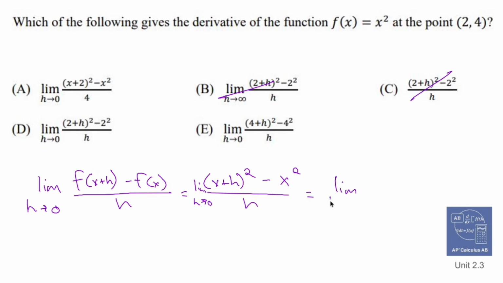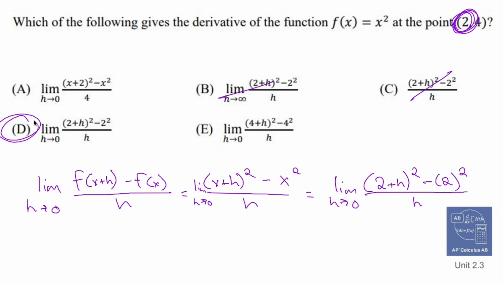Now, I could take this one step further because they want me to use the point 2, 4. I only care about the x value. So this becomes the limit as h approaches 0 of 2 plus h squared minus 2 squared all over h. Which, looking at my options, appears to be the matching choice.